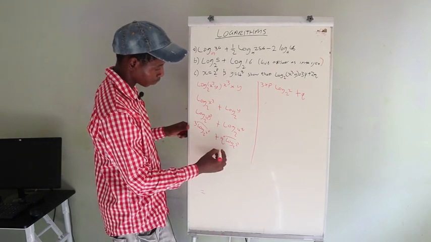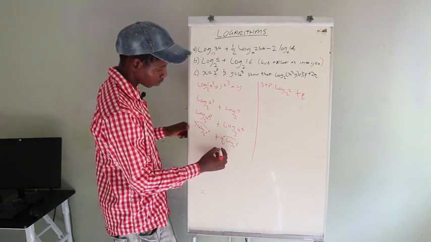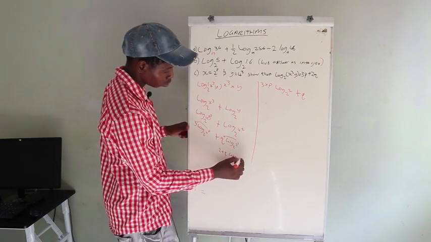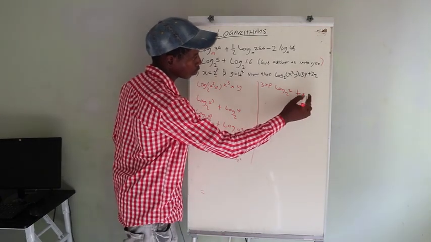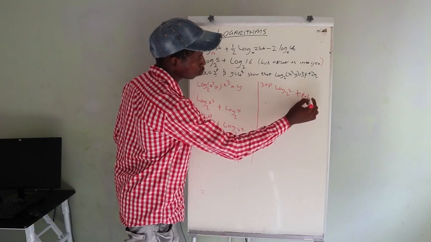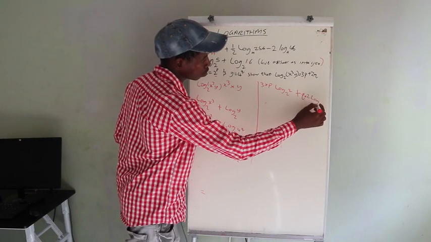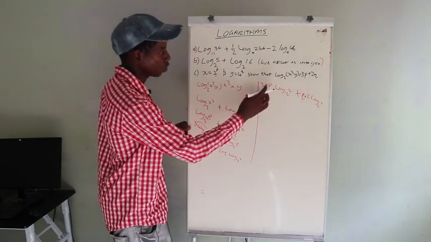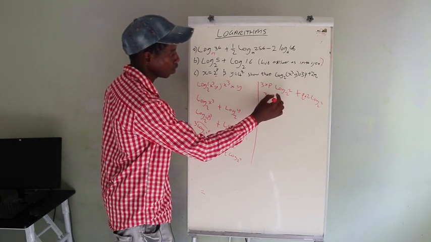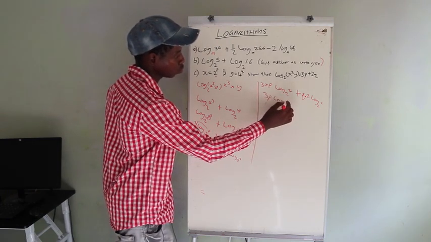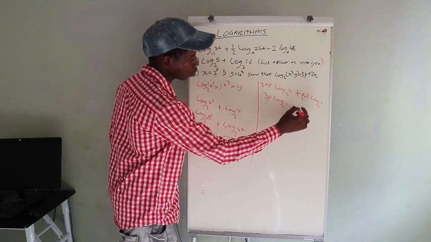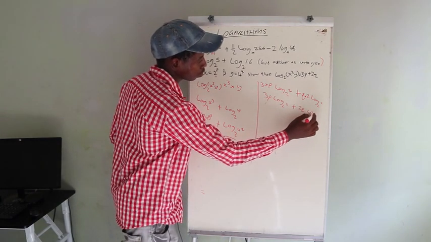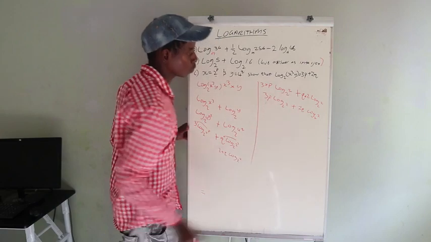So we'll have 2 times q log 2 of 2, right? So we have q times 2 log 2 of 2. Now 3 times p is 3p, and then log 2 of 2 plus 2q log 2 of 2.